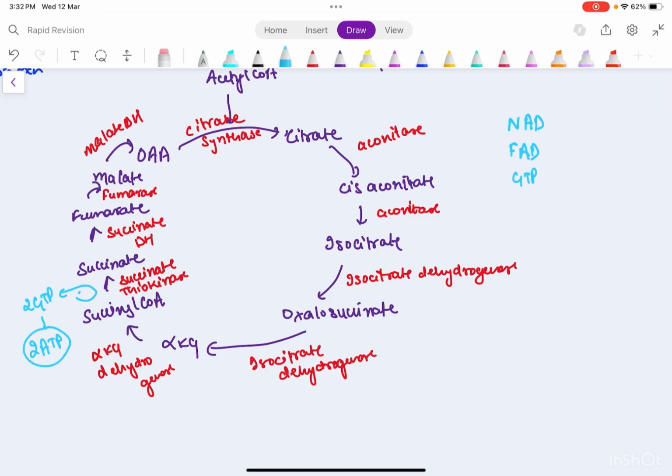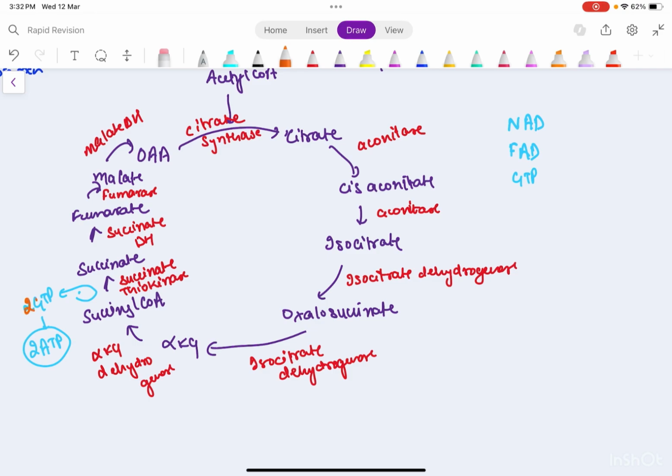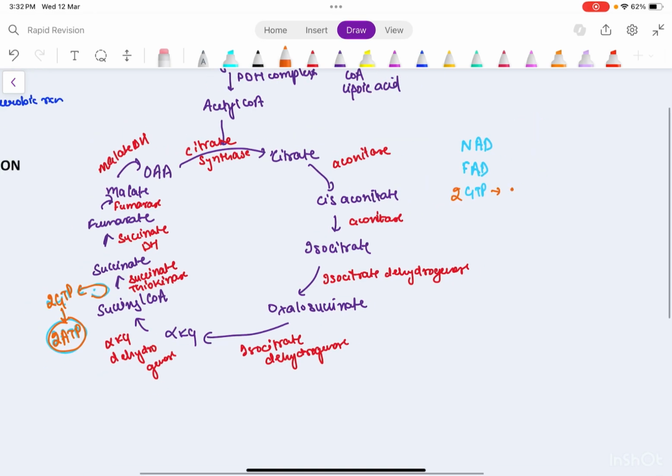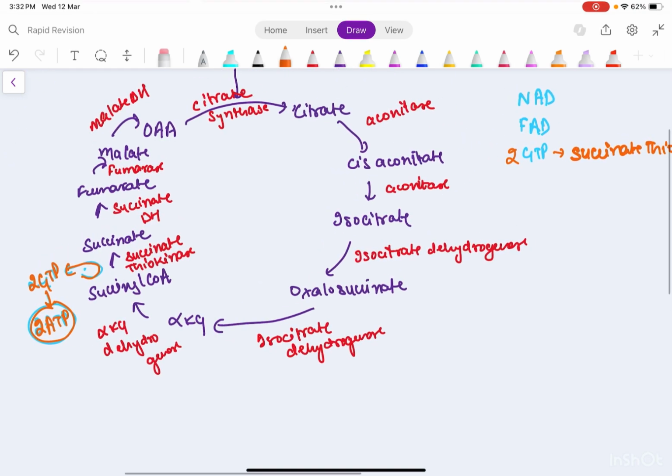So 2 GTP is converted into 2 ATP in the step of succinate thiokinase.